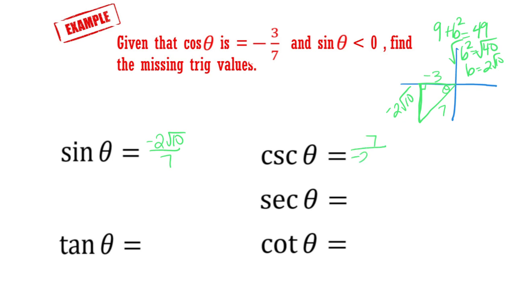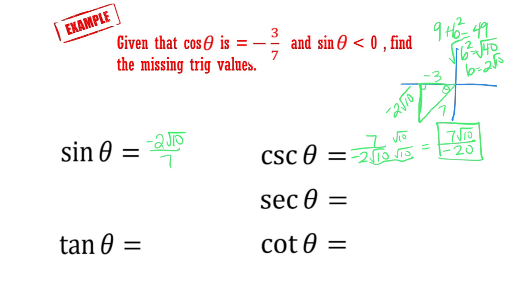So it's a 7 over -2 root 10, but we do need to rationalize. When you rationalize, only worry about the radical part. Just leave the 2 alone. So you're going to have a 7 root 10 over root 10 times root 10 is just 10 times the negative 2 is negative 20.